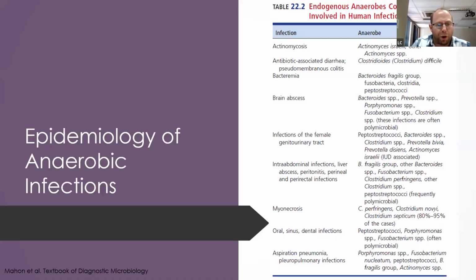So a brief word on the epidemiology of anaerobic infections. And again, this is certainly not a holistic list of some of the disease entities, but an important one nonetheless.